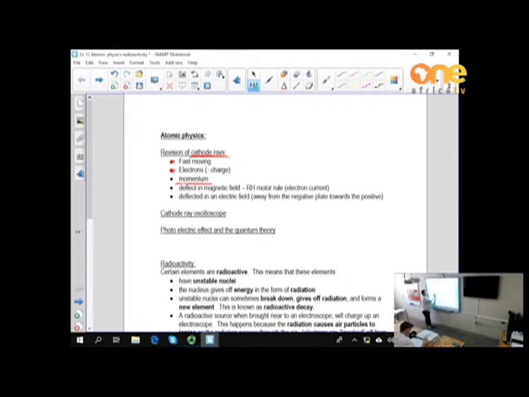They can be deflected in a magnetic field, according to the right-hand motor rule with electron current. And they are also deflected in an electric field, and you will find that it is always deflected away from the negative towards the positive, which is an indication that it is a negatively charged particle. So probably then an electron.